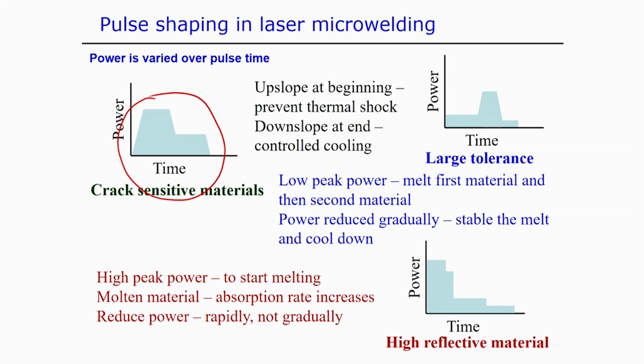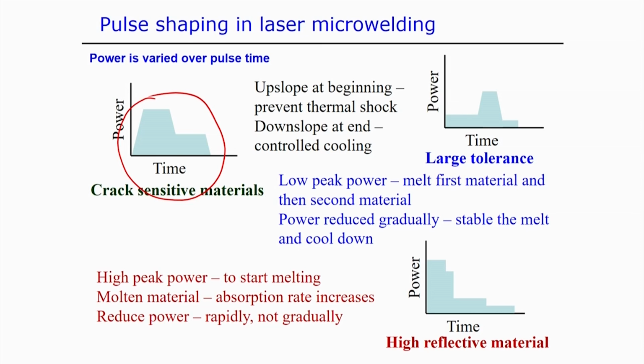But if we look into the other type of welding process, where a large tolerance is required, in that type of welding process, we can start with a low peak power, but there is no gradual increment of the power; the amount of peak power in this case is very small. If we keep it over a sufficient time, that actually melts the first material, and then afterwards it melts the second material.